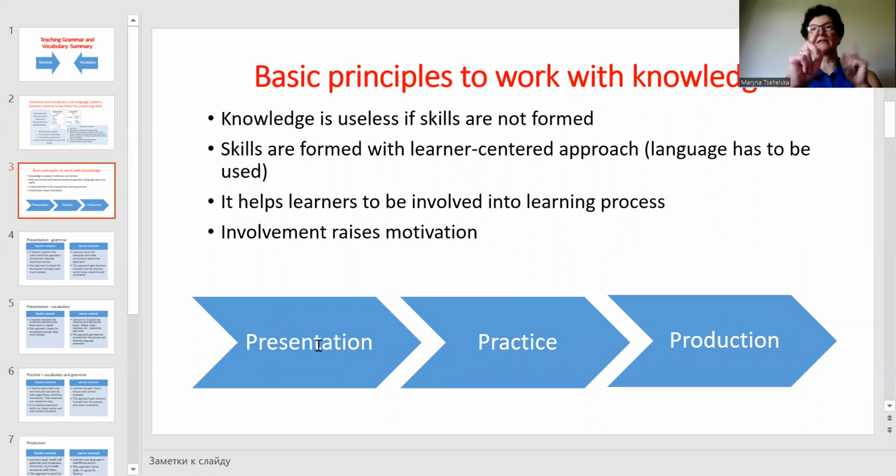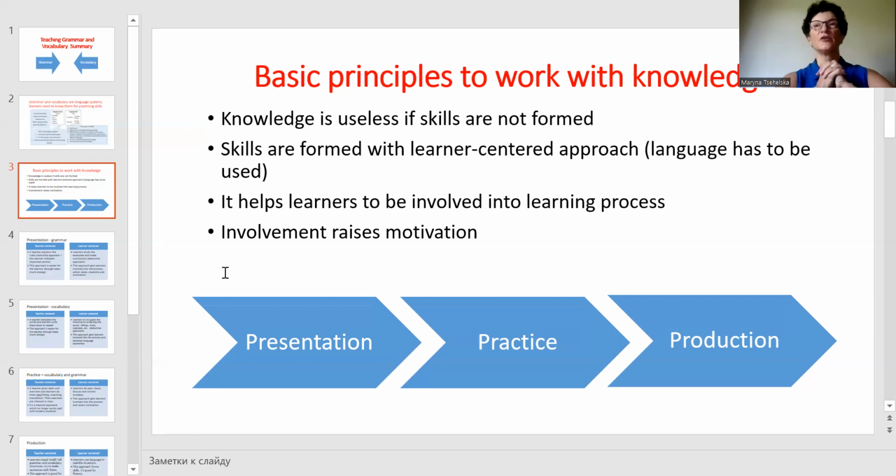This is like this dichotomy, to know about the language or to know the language. Also, knowledge helps learners to be involved in the learning process as well as the production. So you remember that production is important, it's the skill formation, and this involvement raises motivation.